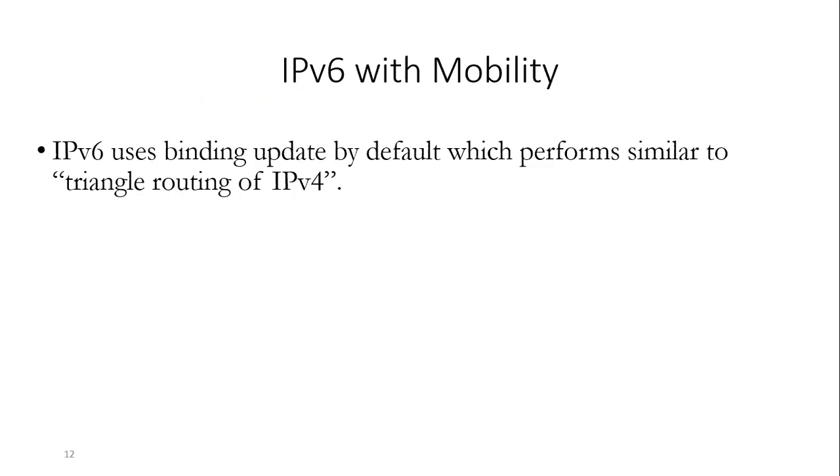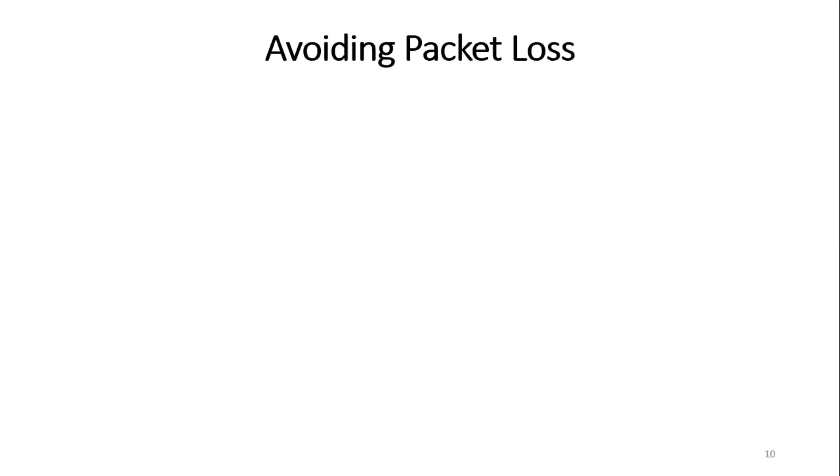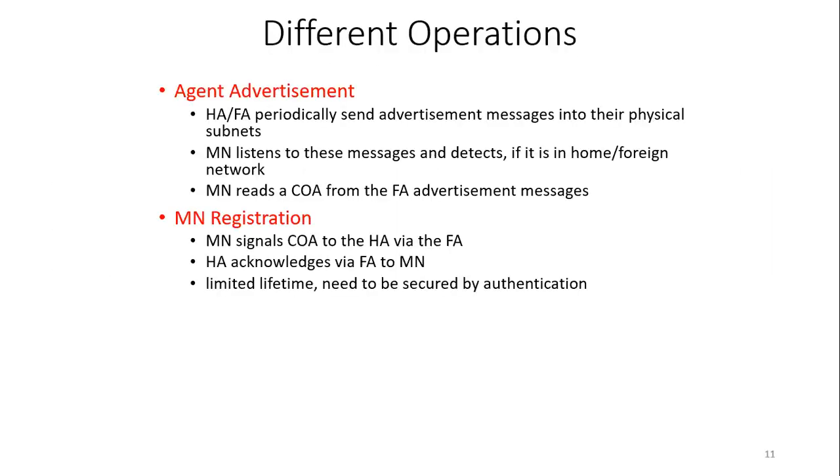For IPv6, the procedure is simpler. In this case, it is basically just like triangular routing. Whatever we had here, triangular routing is used, but with a different name. The concept is the same.